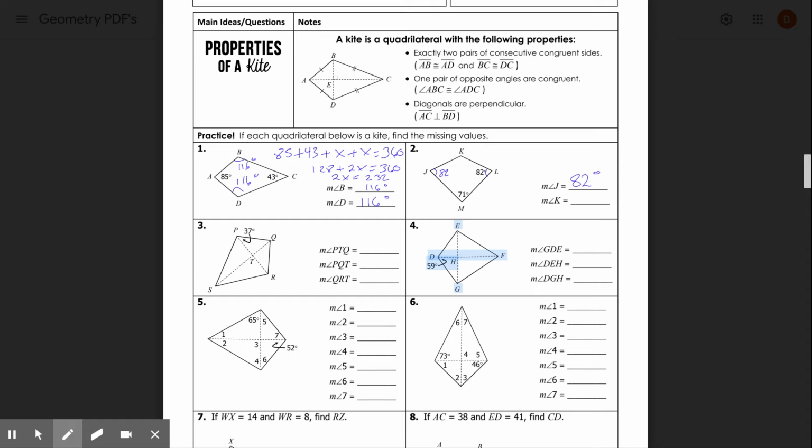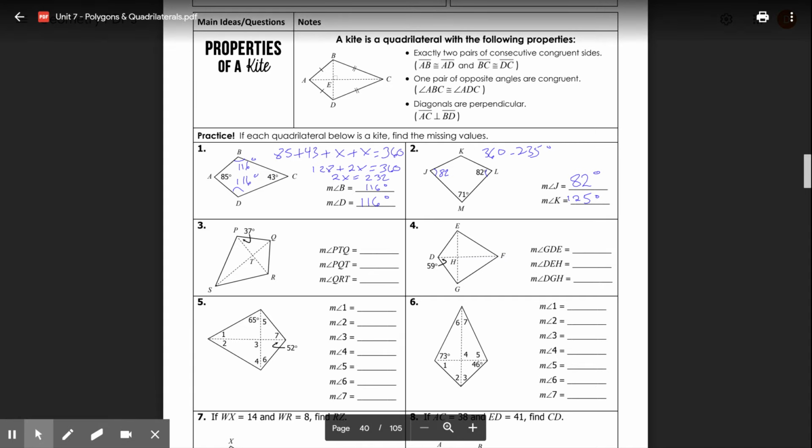So we can add all those up and subtract that from 360. So we have 82 plus 82 plus 71, which is 235. So 360 minus 235 is 125. Okay. All right.